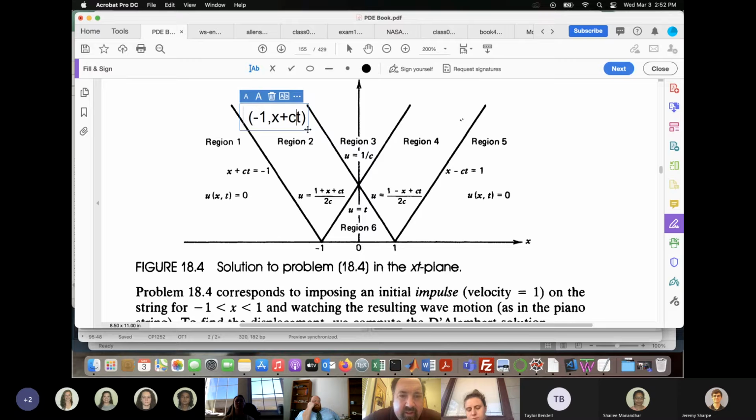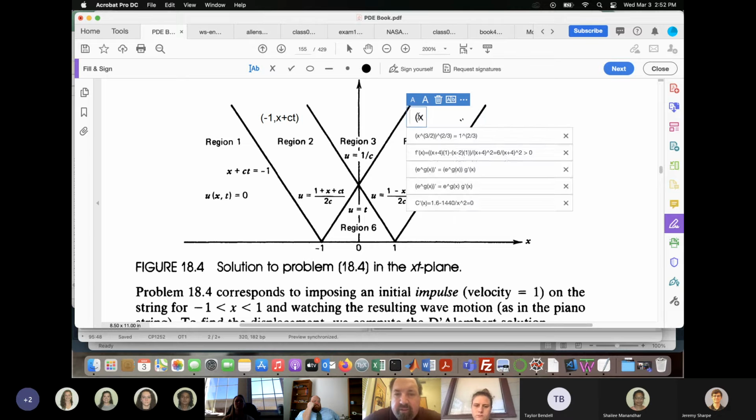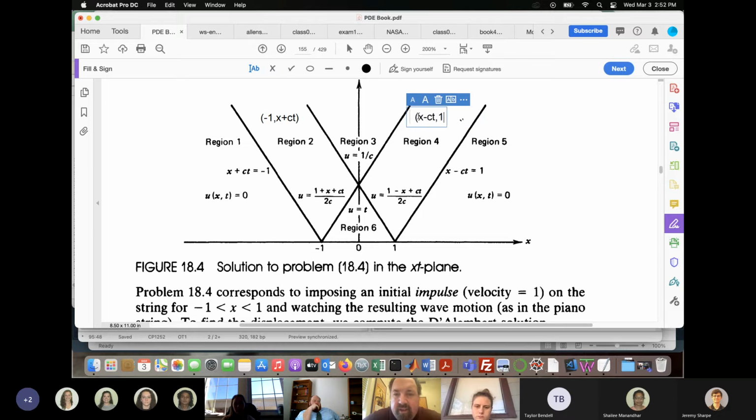I don't know if I can make it smaller. Oh, I can, okay. Whereas over here, the interval of integration is x minus ct up to 1. And that leads to these expressions that we see here for u.